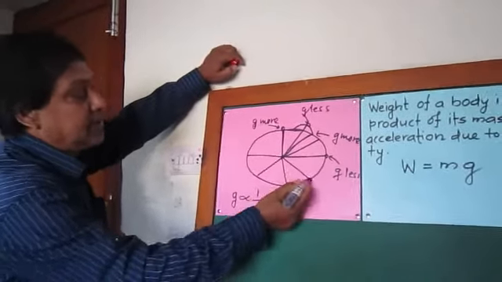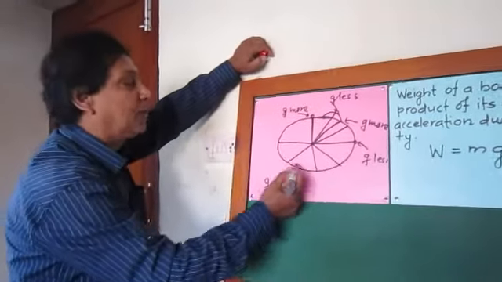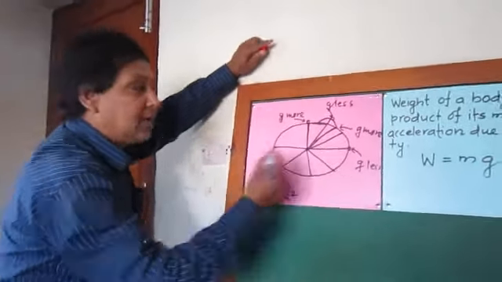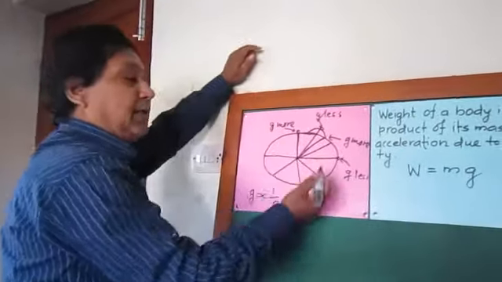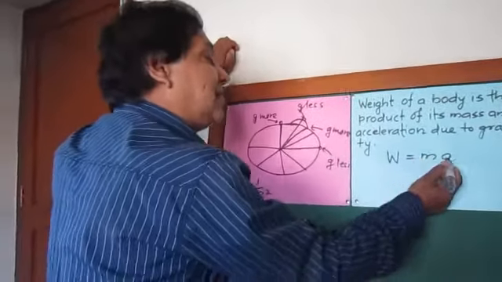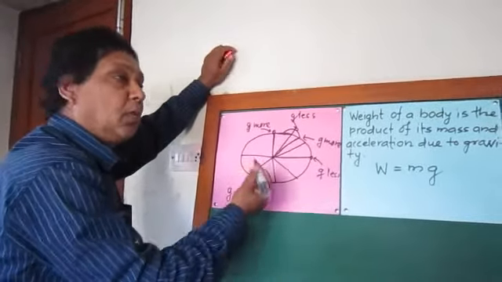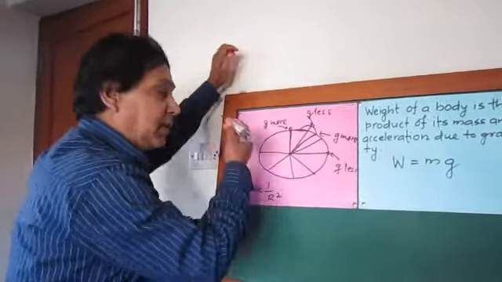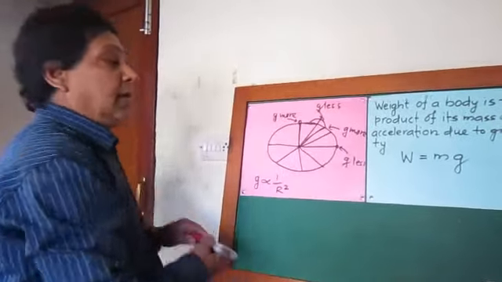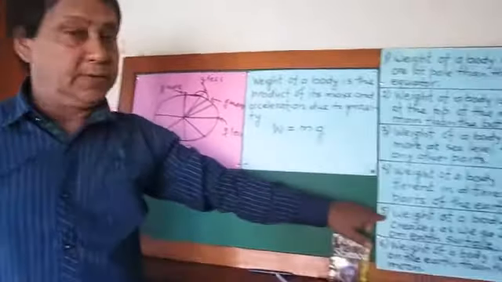That's why g varies from place to place of the earth. And if g varies from place to place, then the product of mass and g, that is weight, also varies from place to place of the earth. So weight of a body is different in different parts of the earth. Let's talk about another point.